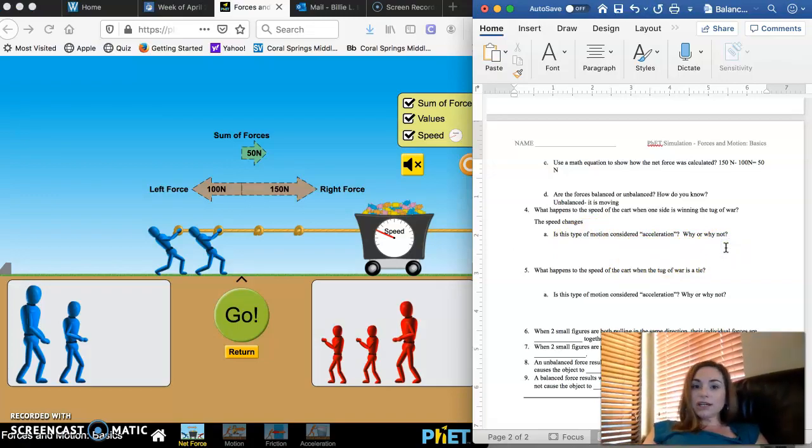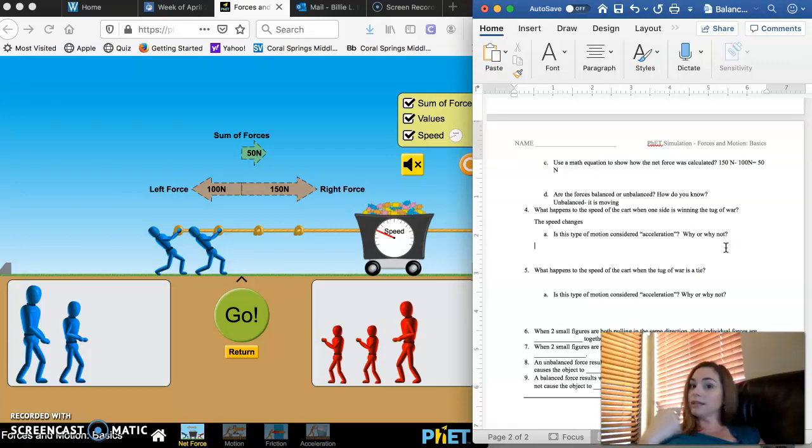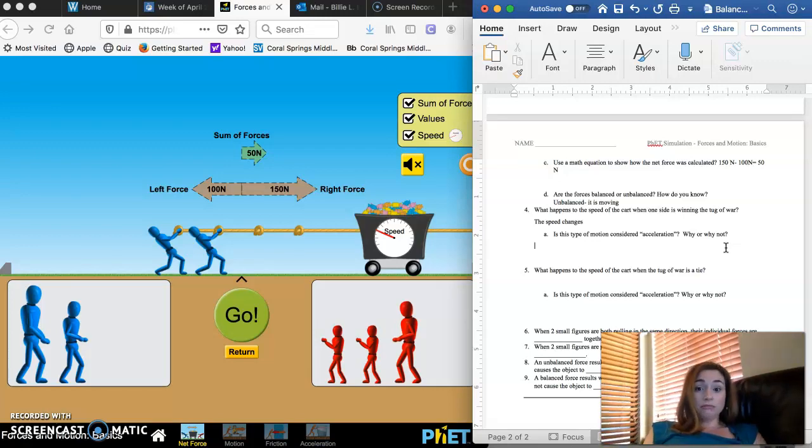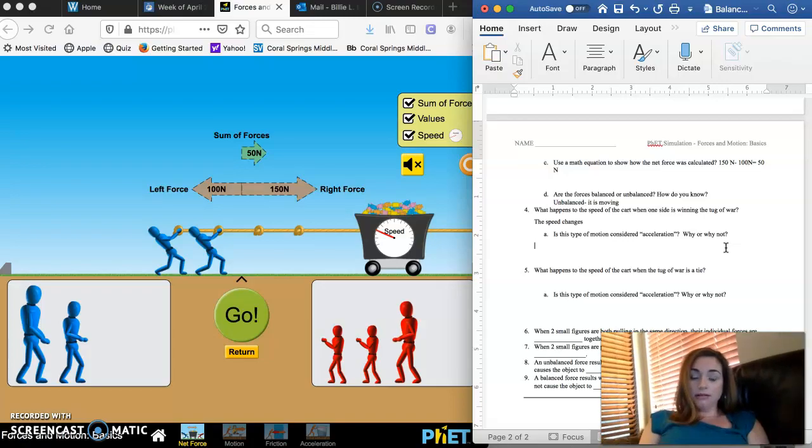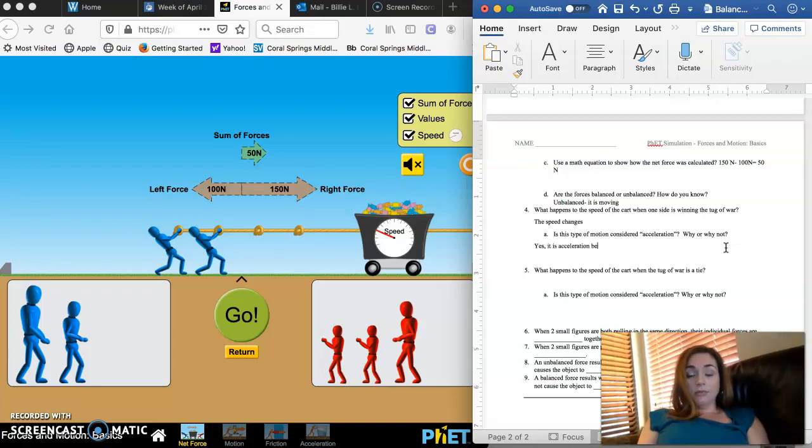Well, acceleration is any change in motion. When something starts moving, when something stops moving, if it turns, if it slows down, or if it speeds up. Is this acceleration? Yes, it is acceleration because it is a change in motion.